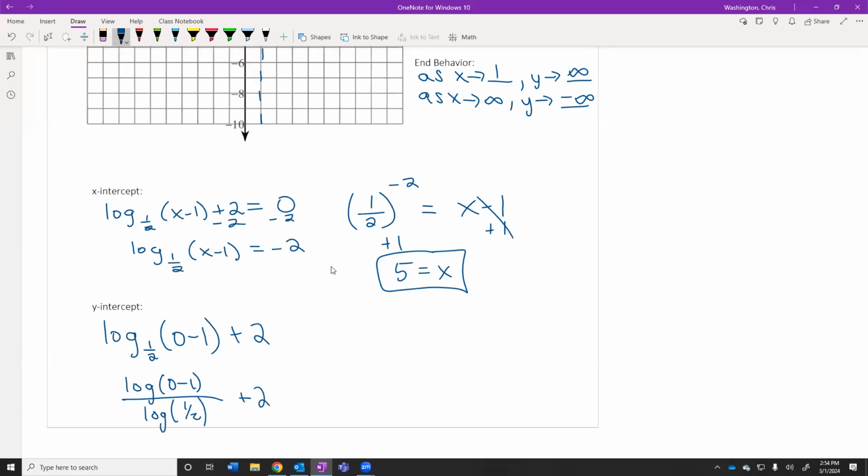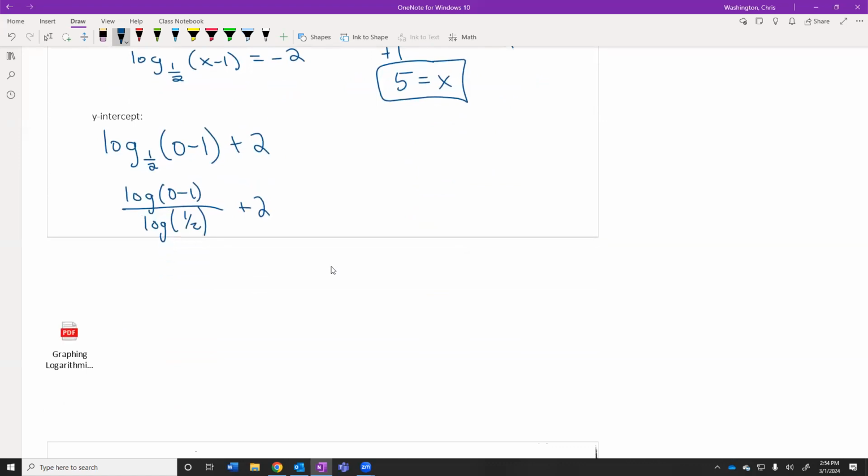But maybe you look at that and you're like, man, I'm gonna get a domain error. And why are you gonna get a domain error? Because the number inside the parentheses has to be positive, and 0 - 1 is a negative number. So you will and you should get a domain error this time. And what does that mean if you get a domain error when you're trying to find the x-intercept or the y-intercept and you did everything correctly?